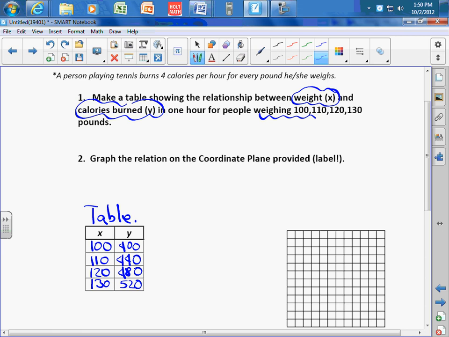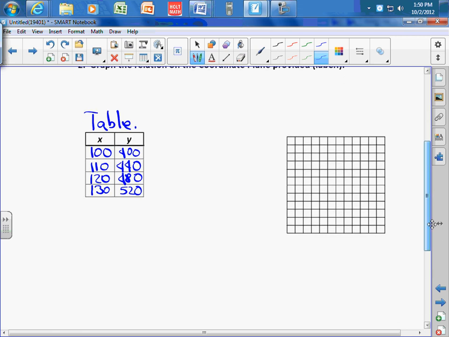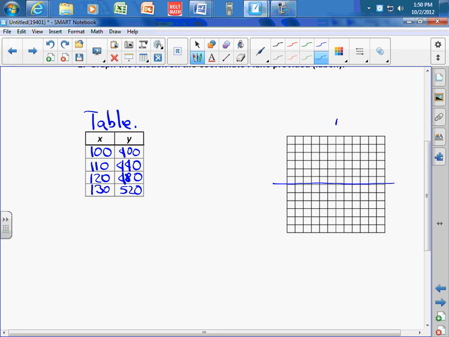Then we would have to graph it. Now notice that this graph does not include an x and a y axis. We don't have the x-axis going here and the y-axis going here. And the reason for that is because we don't have people who weigh a negative number of pounds. So we don't need that section of the graph.